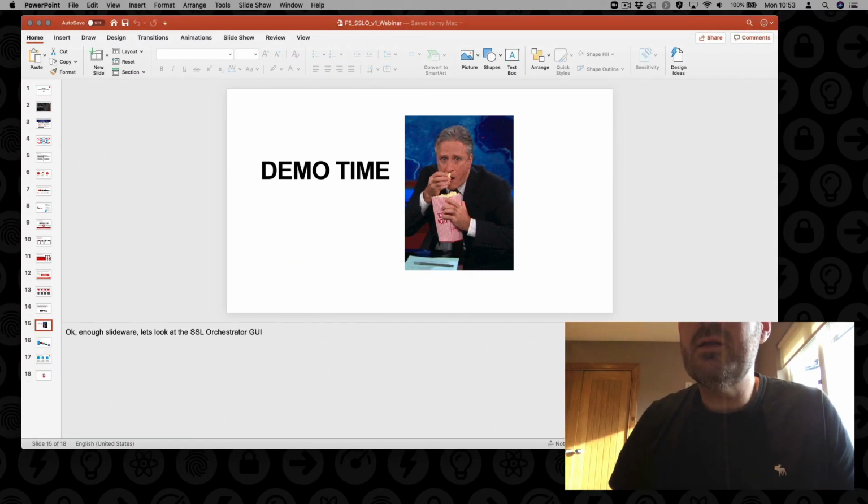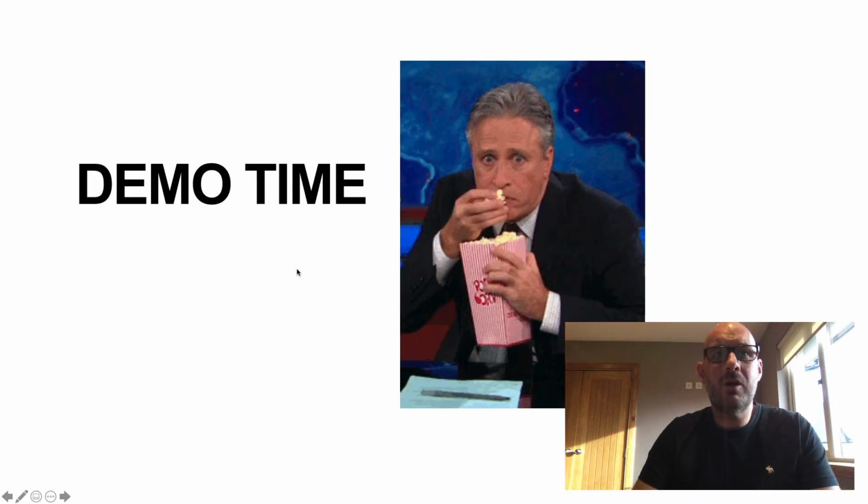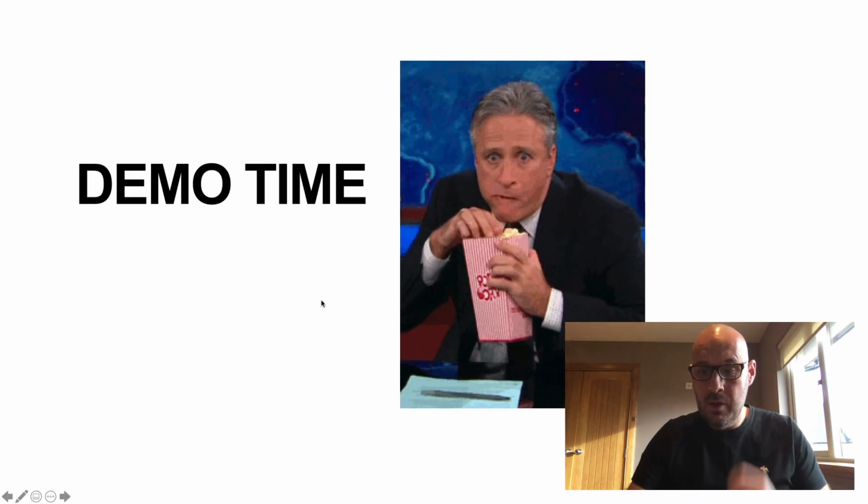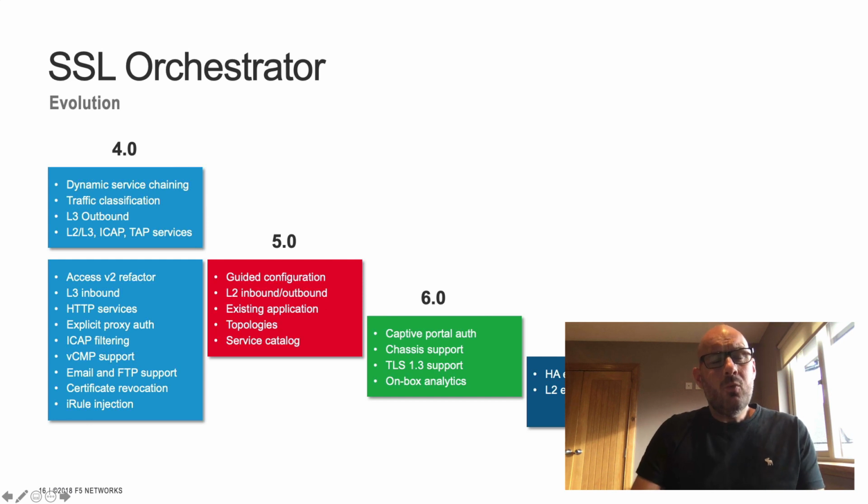Let me just step back into this demonstration. I've got a couple of slides just to finish off. So when we did this demonstration a year ago, it was our version 4 of our service. The version I've just shown you is 7.1. We've introduced a number of things which are important across the way. As I've already mentioned, we've introduced VCMP support.